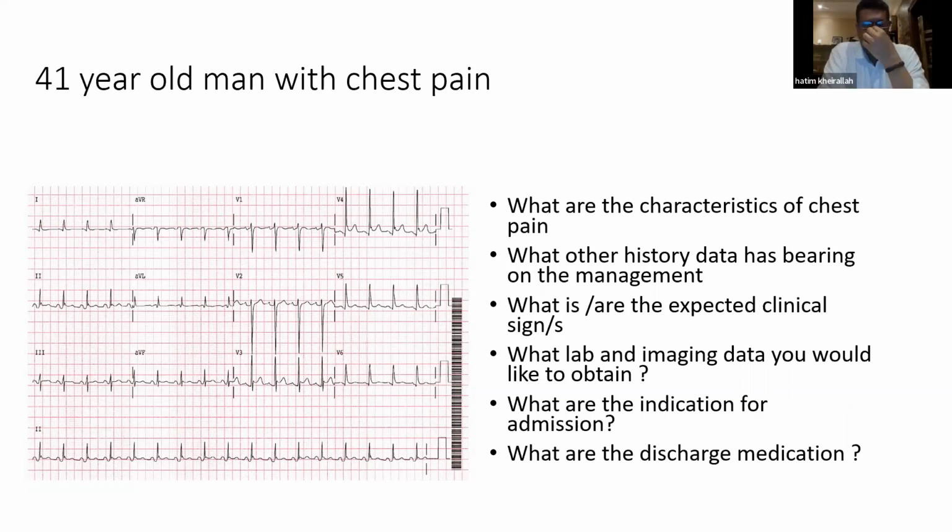Okay. What other history data has bearing on the management in this patient? Are you going to ask any further questions about the history that might be pertinent to the plan of management?